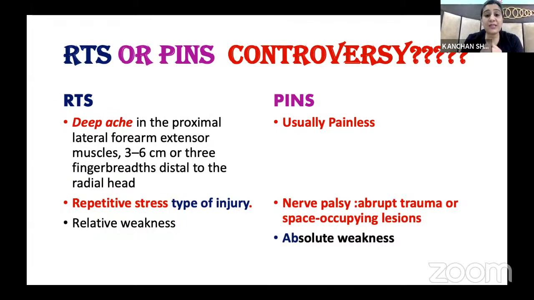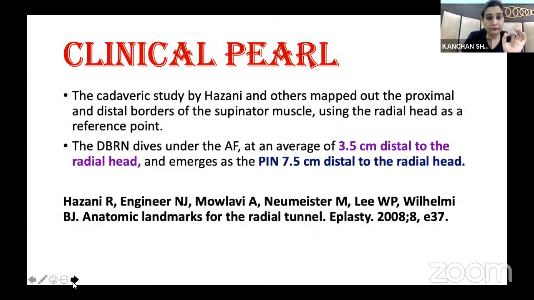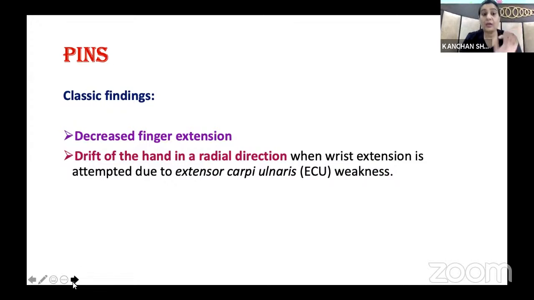Okay, but in PIN syndrome, what will the patient come with? Finger drop. Finger drop means the posterior interosseous nerve is involved. The second thing, if the posterior interosseous nerve is involved, what will happen?